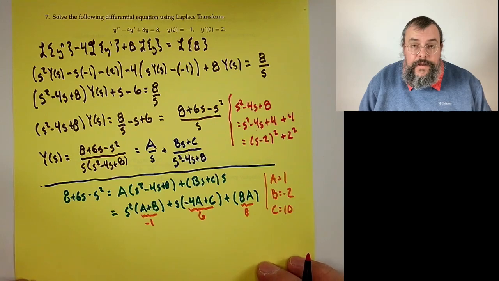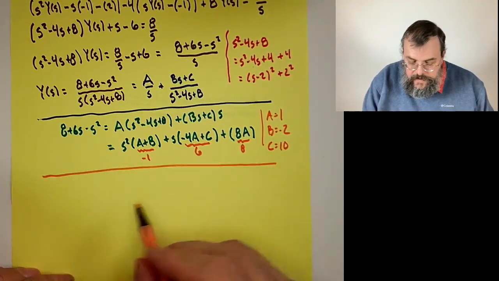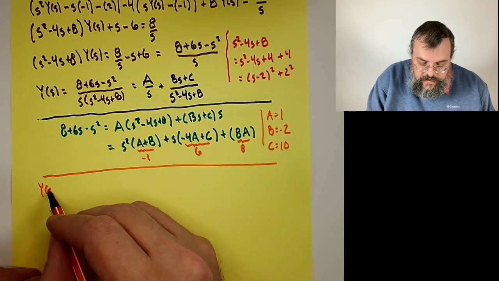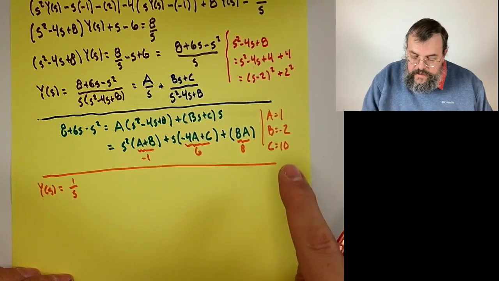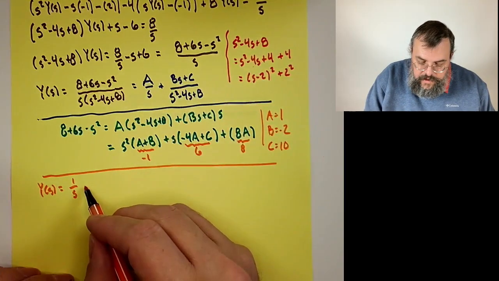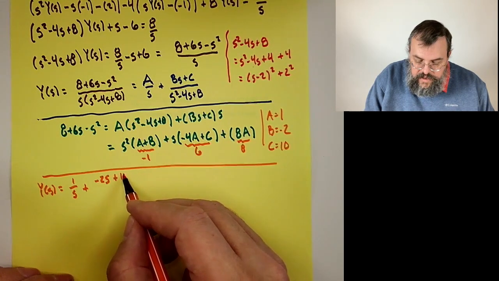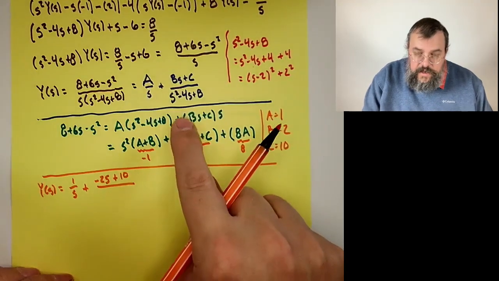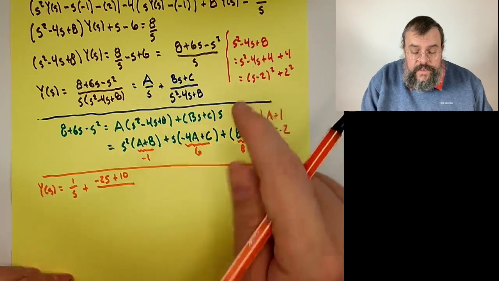So, updating. We have that y of s is equal to 1 over s plus minus 2s plus 10 over, and I'm going to write s squared minus 4s plus 8 in this format right here.